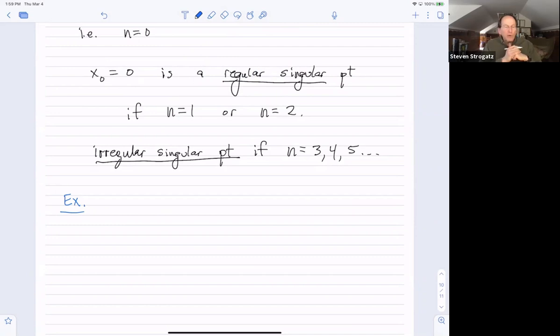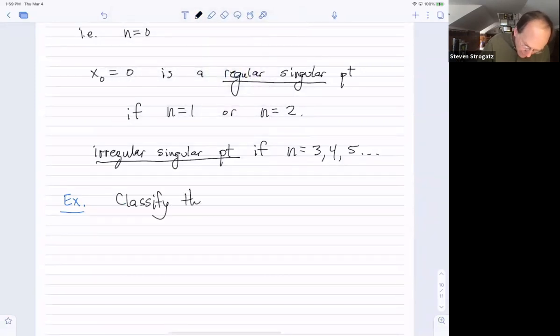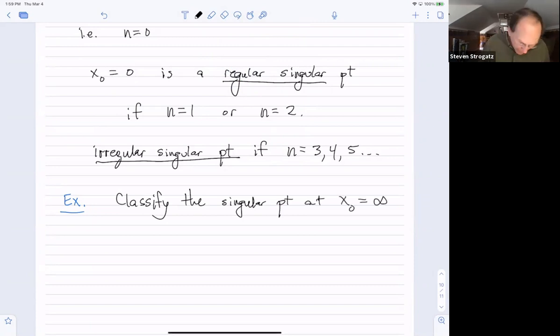So we want to know, what kind of singular point is the point at infinity? That's a question that will frequently come up. So as an example of such a thing, let me show you how you could classify the singular point at x equals infinity for Airy's equation.